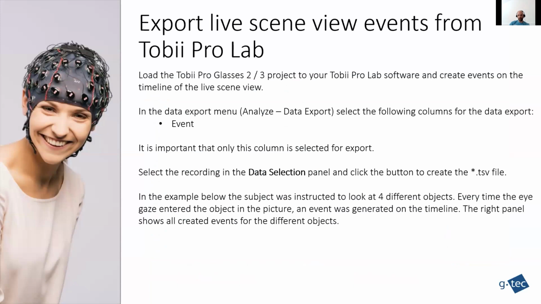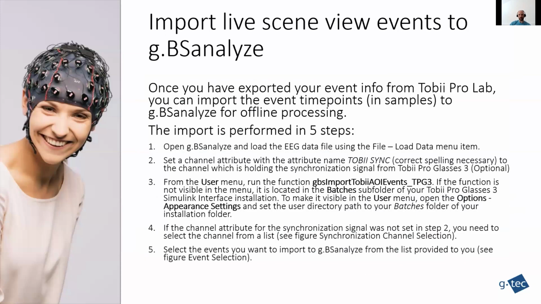One step that I missed is that we need to export these events that we just generated. So we go to the data export menu and only select the event type or event information item, and we extract the event time points to a TSV file. This TSV file is part of the integration process that is described now.